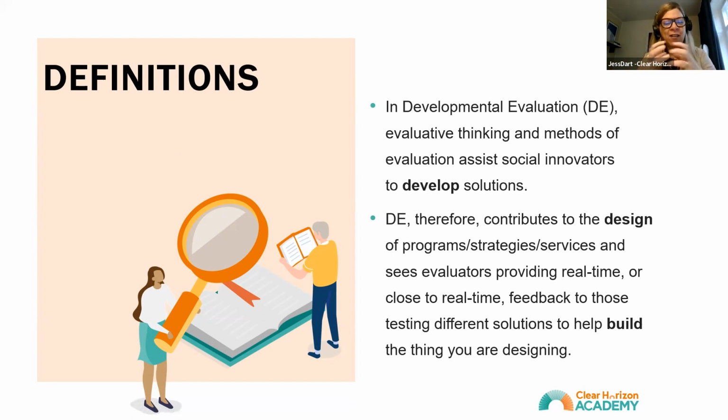It sees evaluators working really close in real time to provide feedback to people who are testing ideas to help actually build something. And when you put social innovation and evaluation together, it's a really effective combination because you have more rigorous testing. So that's what it is.